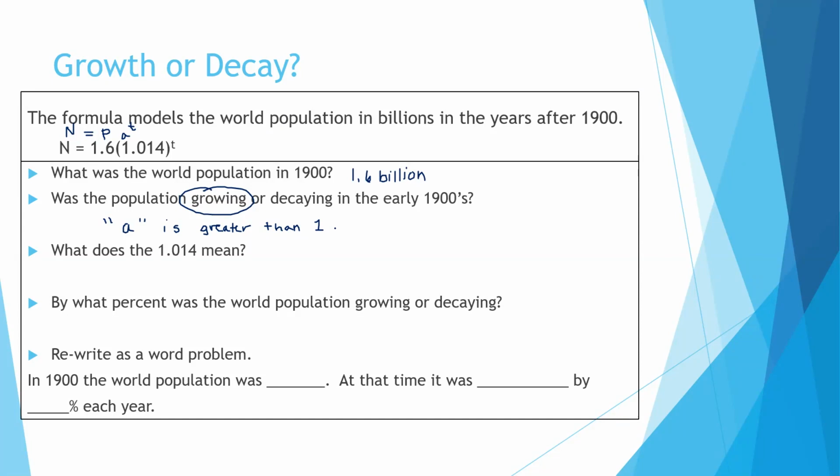So what does the 1.014 mean? Well, all exponential problems have a constant percent in them. So the first thing I'm going to do is multiply this by 100 to get it to be a percent. So 101.4%.